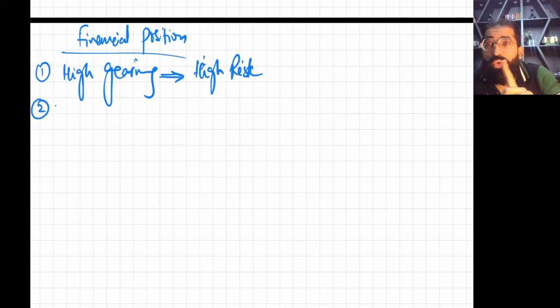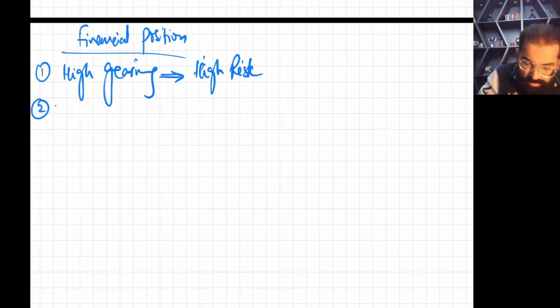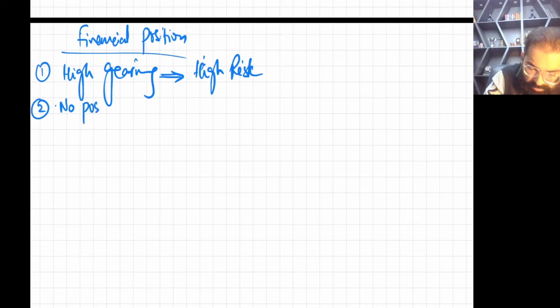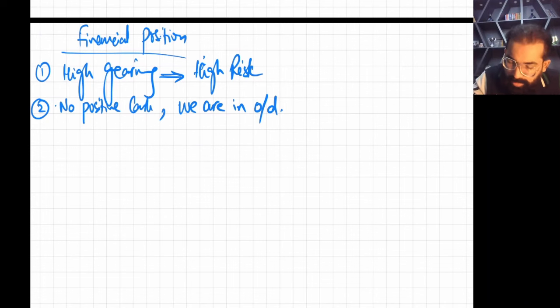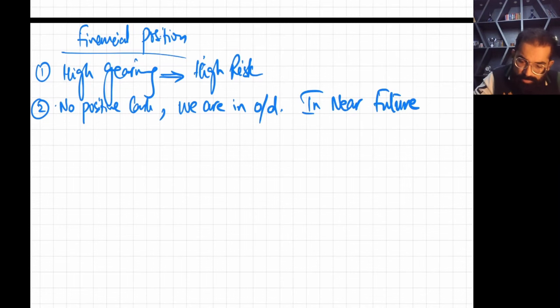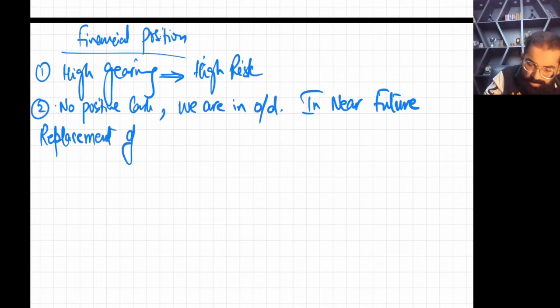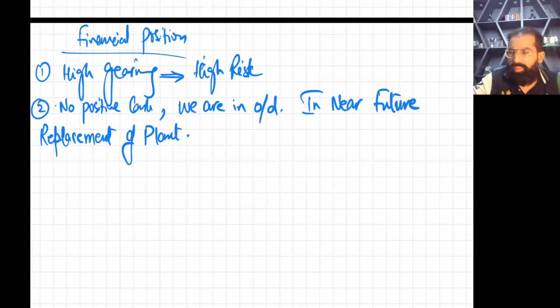In the SOFP there is no positive cash, we are already overdrawn. Knowing this, in the near future we have to buy plant and machinery, the replacement of plant.